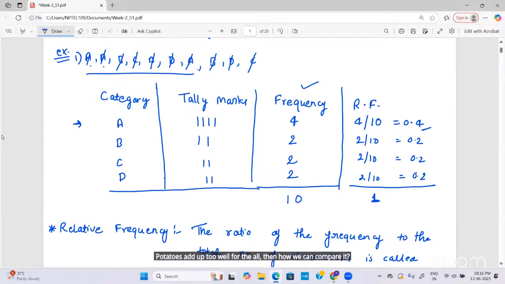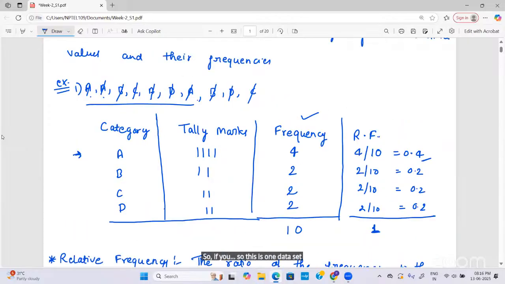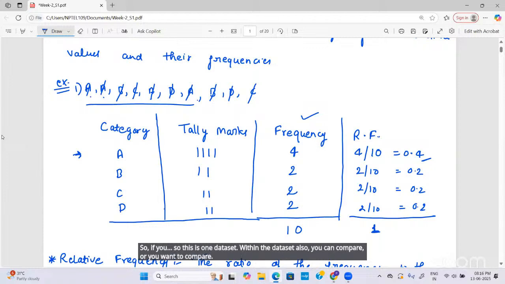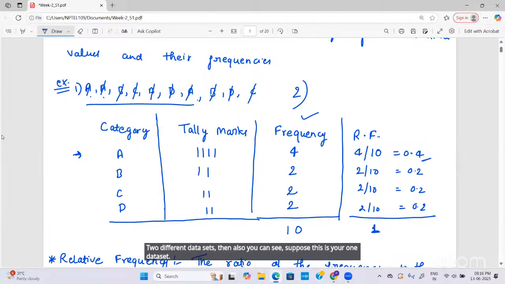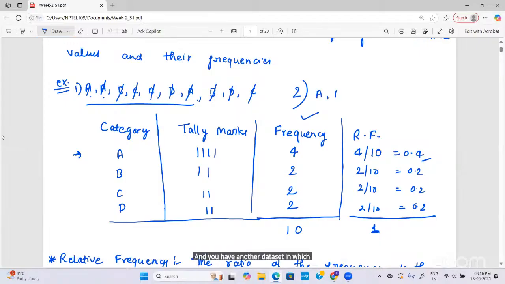So this is one data set. Within the data set you can compare, or if you want to compare two different data sets, then also you can. Suppose this is your one data set and you have another data set in which also you have some A's and B's. I'm randomly writing all these values.